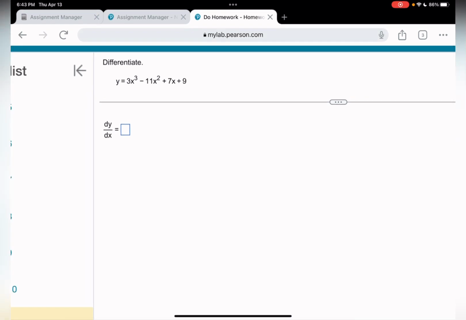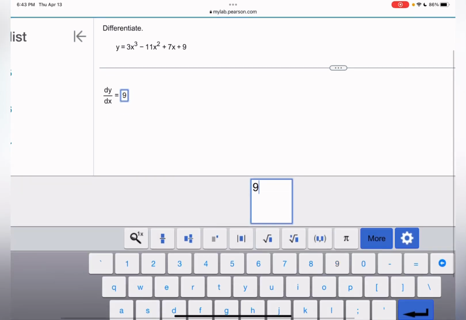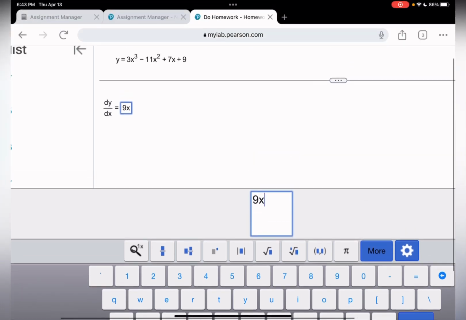So 3x cubed, 3 comes in front, and we have times 3 also, it's going to be 9, right? 9x, and then here we have 3 minus 1, it's going to be 2, power 2. Okay, next, what do we have?